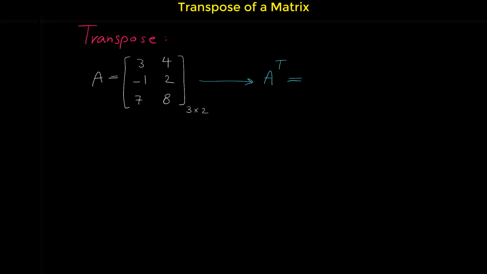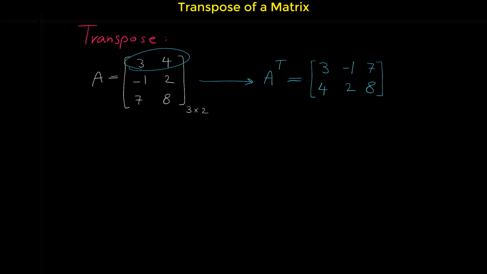columns. So for finding the A transpose, we have to make the rows of this matrix columns for this new matrix. So 3, 4 is the first row for matrix A, so it becomes the first column for matrix A transpose. -1, 2 becomes the second column, and finally 7, 8 the third column.